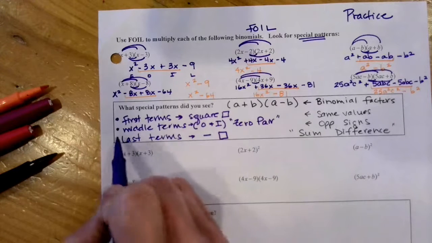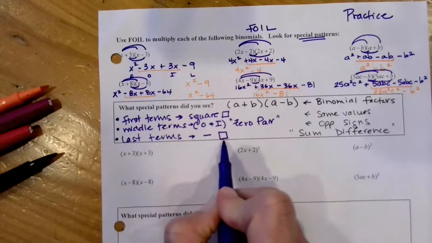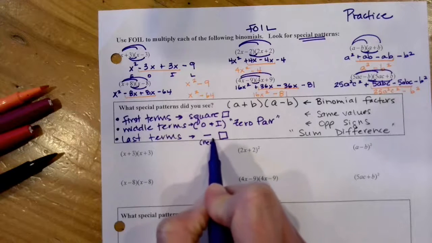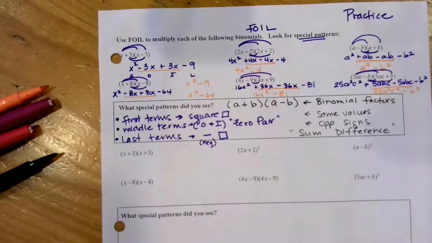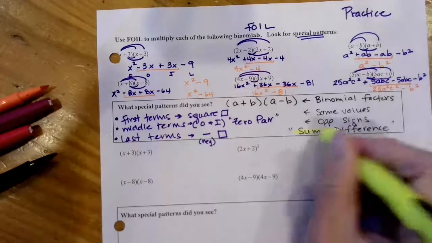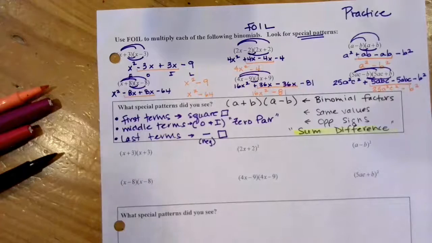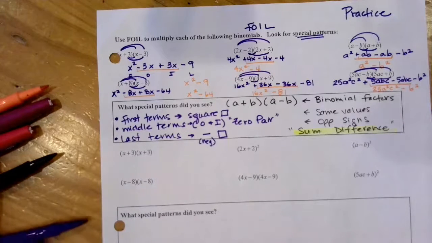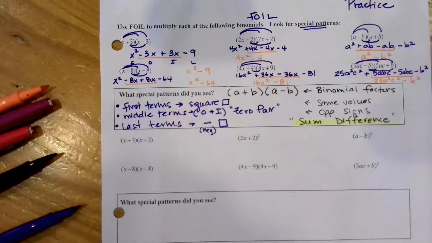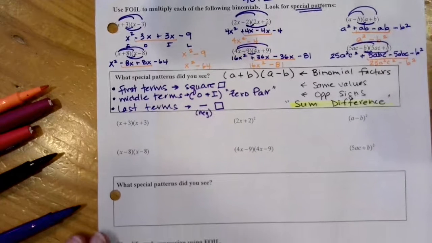My last terms also gave me a perfect square, but guess what? It was always negative. So that's an interesting pattern that we saw every time, and we're going to get to know this well as the sum difference pattern. So I want you to remember, whenever you see those identical values, you're going to end up with that zero pair from my middle terms.